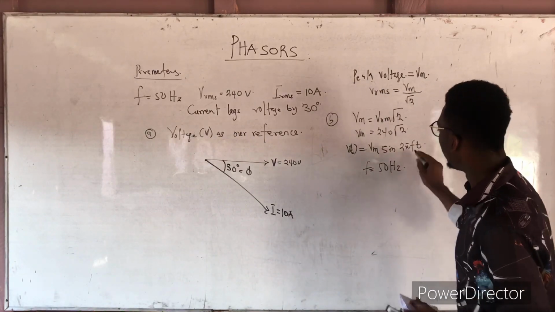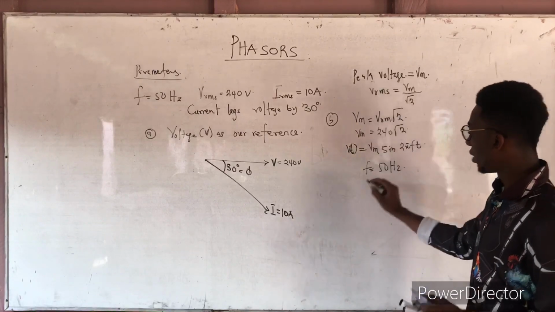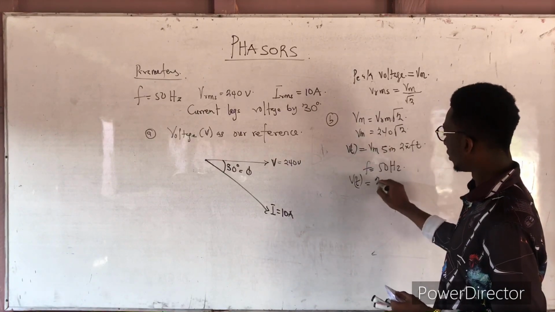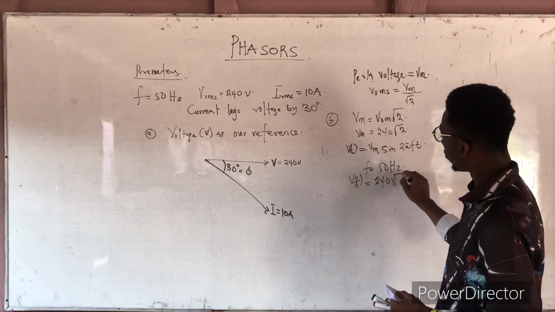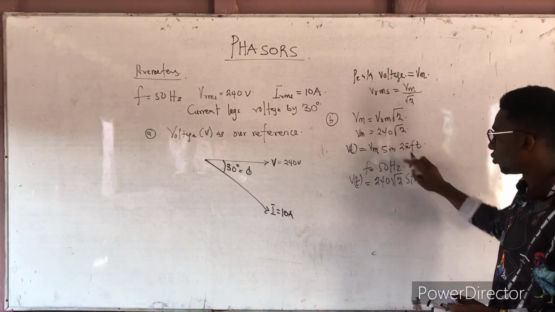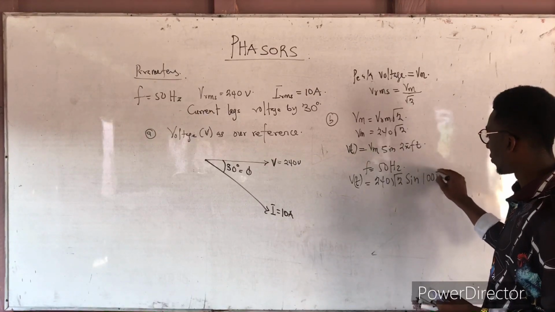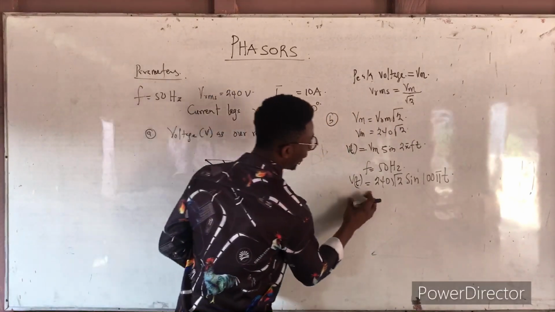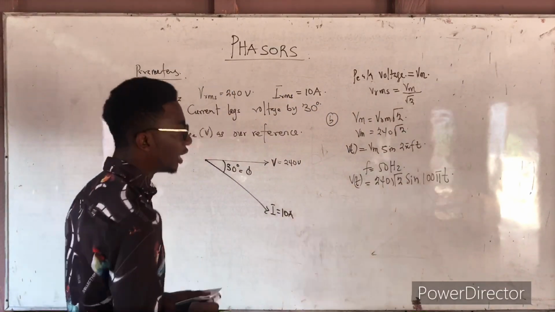If you put frequency 50 Hz here, then we get our voltage as 240 root 2 sine, 50 times 2 will give you 100, so 100 pi t. Therefore, our voltage as a function of time will give us this.